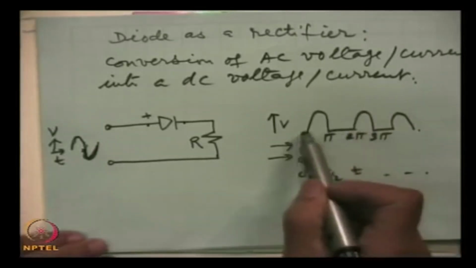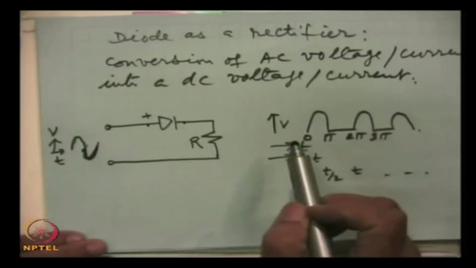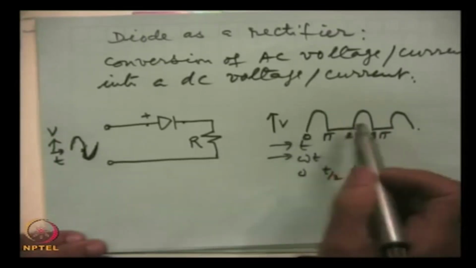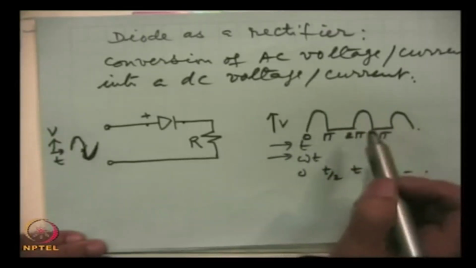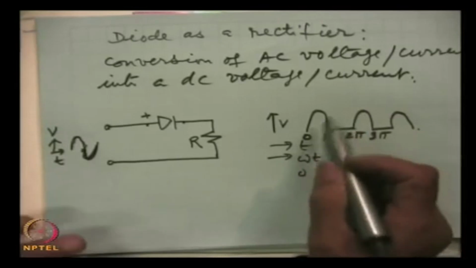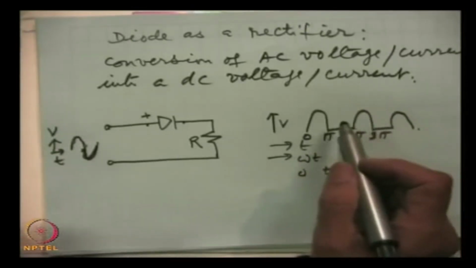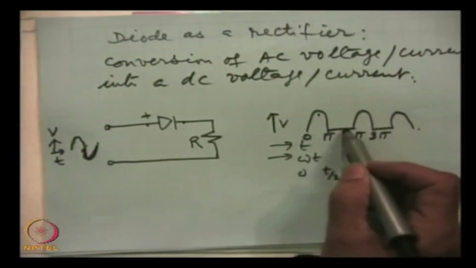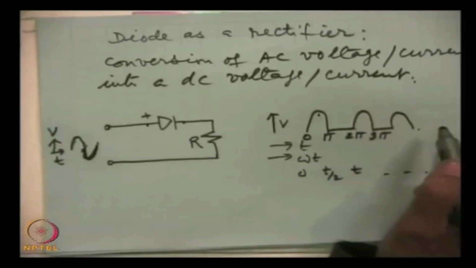This is the output. That means the output is not pure DC, but it is a pulsating kind of voltage which will rise from 0 to a certain value, then drop to 0 again, for half period it will remain 0, and again it will rise.